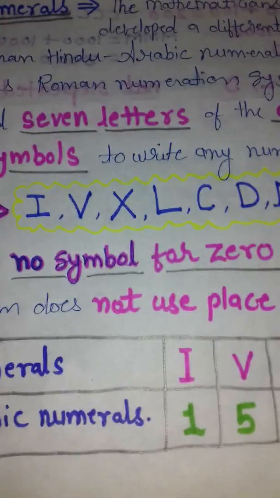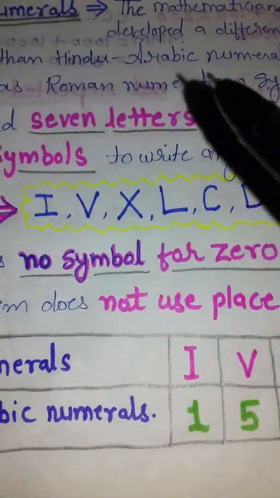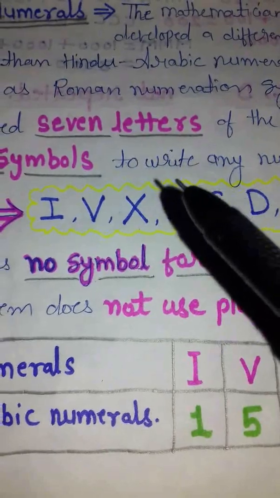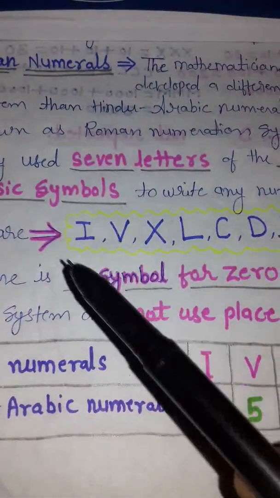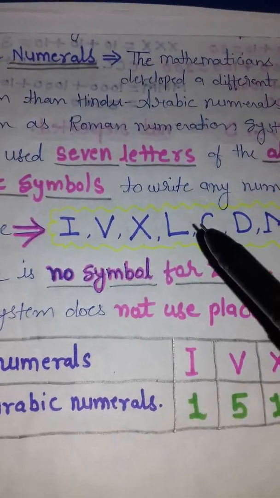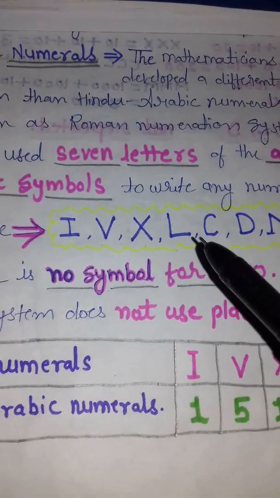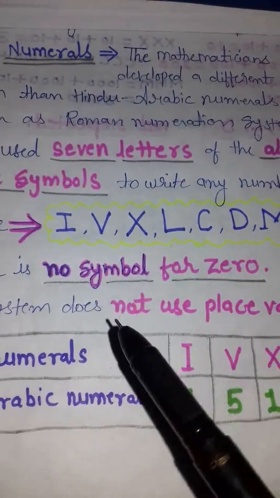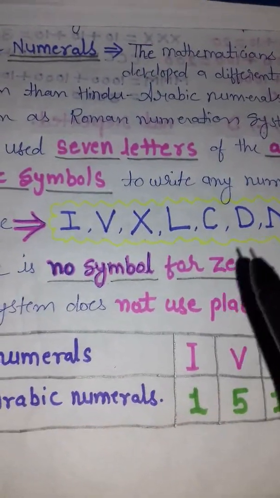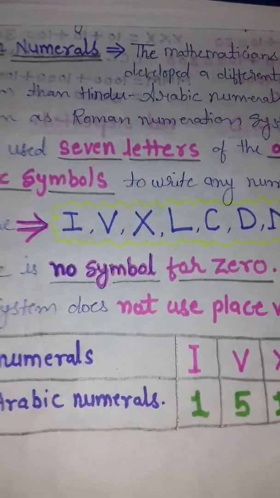So this is the basic difference between Roman numerals and Hindu-Arabic numerals: in Roman numerals they are using 7 letters from the alphabet as symbols to write numbers, and there is no place for 0 and there is no place value system. So students, this is Roman numerals.